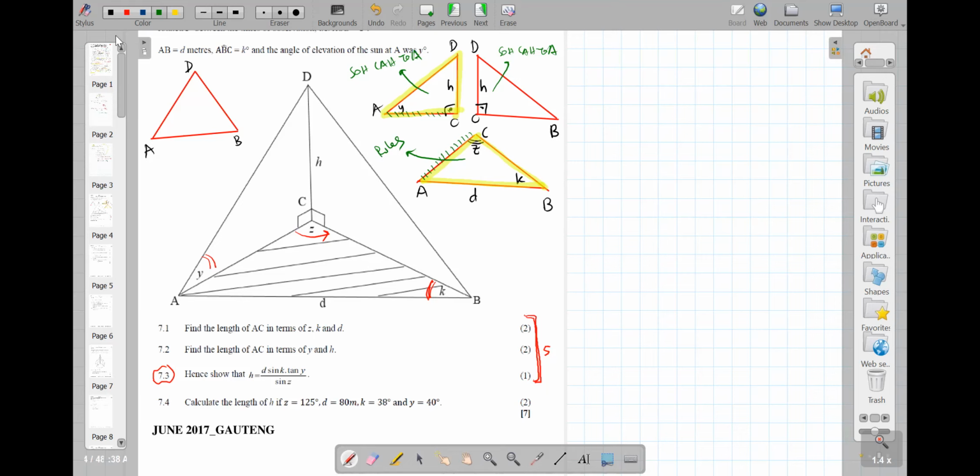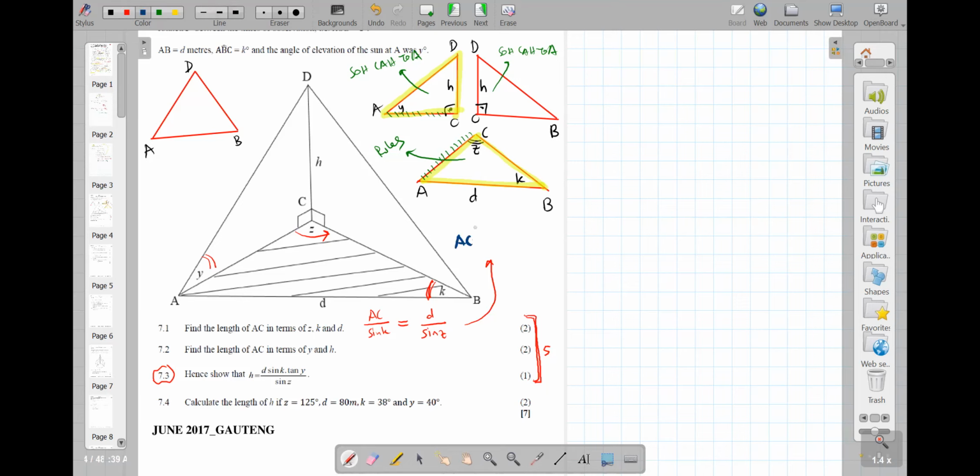Let's write the sine rule: AC over the opposite angle, sine K, is equal to D over the opposite angle, sine Z. You will just leave AC alone.